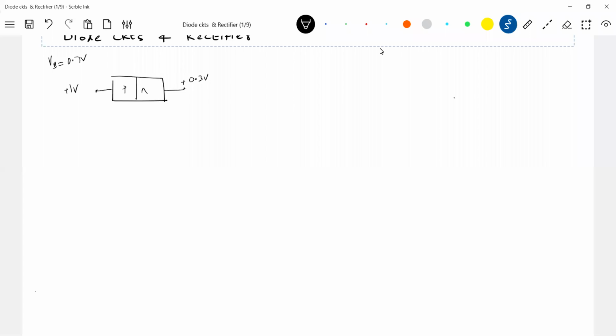What do you mean by forward bias? If P is more positive than N by 0.7, it's said to be forward bias. Now, what is this diode? Is it forward bias or reverse bias? So I can say it is forward bias.